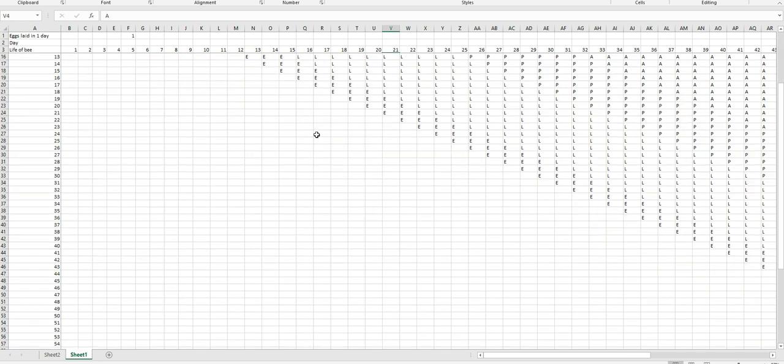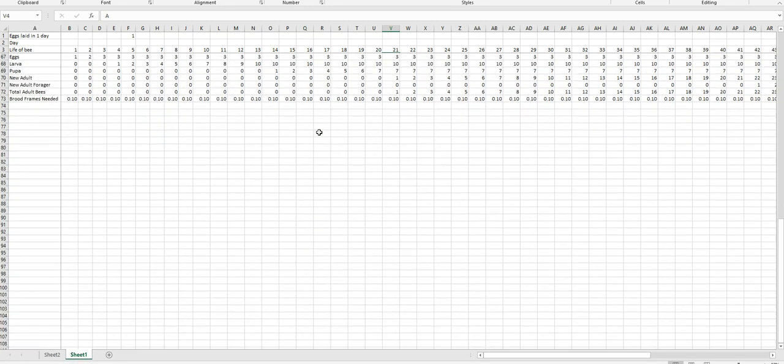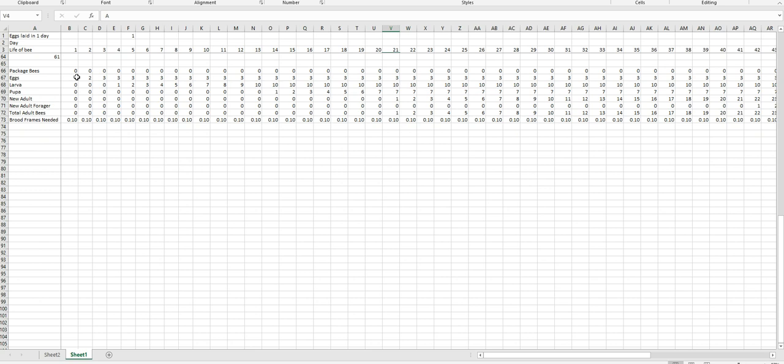So if we scroll down here and look at the place where I did some calculations, you can see that on the first day you have 1 egg, on the second day you have 2 eggs, third day 3 eggs. And then on the 4th day you still have 3 eggs because the queen laid another egg, but you have 1 larva. Then the next day you have 3 eggs, 2 larvae, and so on. Then out here after 10 days of being a larva, you get 1 pupa.